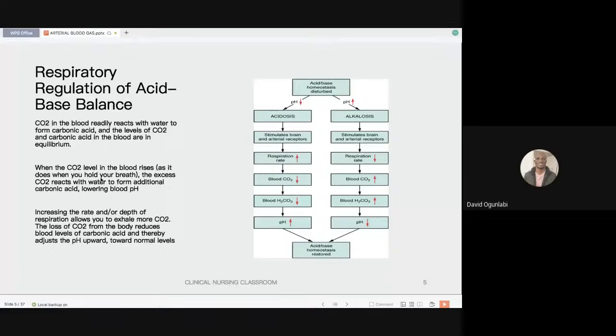If the CO2 level is high, the blood will be more acidic because more carbonic acid will be formed. If the CO2 is low, the blood is less acidic, or the body is even going into alkalosis. So that is what it means. Let's move on because we still have a lot to talk about.